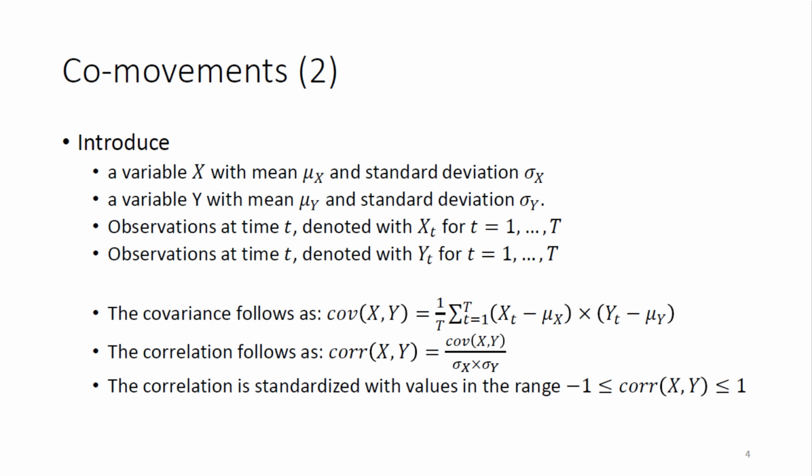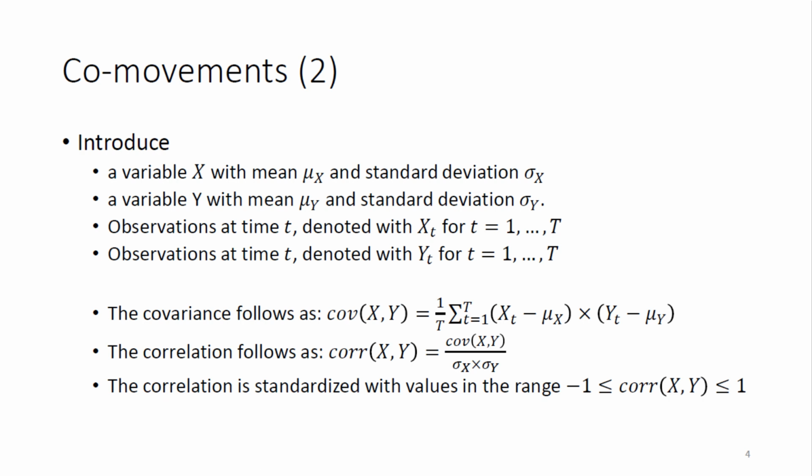And that's nice because then that gives you a basis to think about high correlation, which means high linear relationship, and low correlation, which means a low linear relationship. As said before, -1 is a perfect negative relationship, +1 is a perfect positive relationship. When the correlation is 0, then there is no linear relationship.